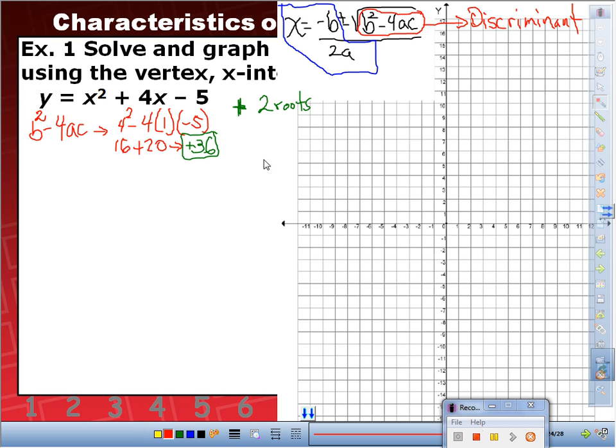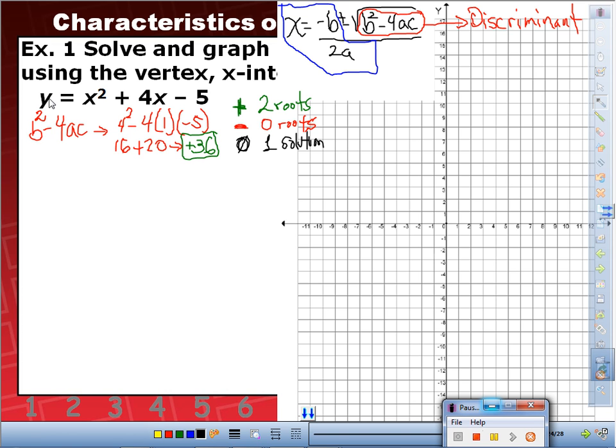Thank you for thinking about it. It's no solution. So whenever this ends up being a negative, it's 0 roots. That means that there are no roots. Are we there so far? However, pay attention please. Sometimes when you substitute in here, instead of ending up with a positive or a negative number, you end up with a 0. When you end up with a 0, that means you will have only one solution, or one, what do we call these? Roots. Copy that, please.